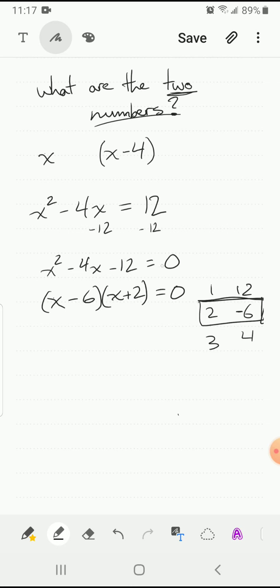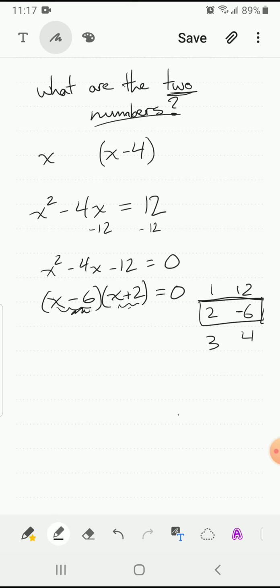Now, this means that x is equal to 6 or negative 2. Right? That's what these mean. Just to recap, these are two numbers here, right? Two pieces of information, two numbers. In order for them to be multiplied together and equal 0, one of these has to be 0, right?